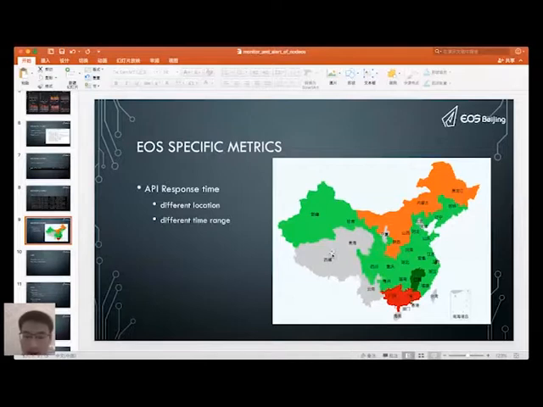That means it gets a very high response time. If your end users are located there, then you need to pay attention. So it's great that we are distributed, and we have a lot of endpoints all around the world. You can just choose the node that is near your end user.